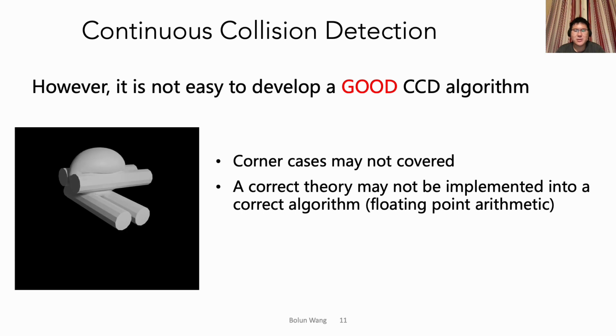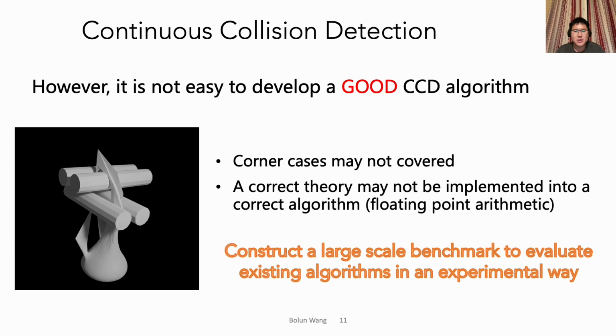Since verifying correctness is difficult, as it depends on the compiler and the hardware, we propose instead to introduce a large-scale benchmark to evaluate existing algorithms in an experimental way.